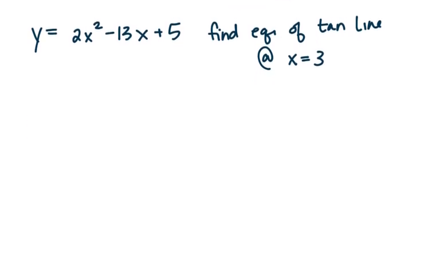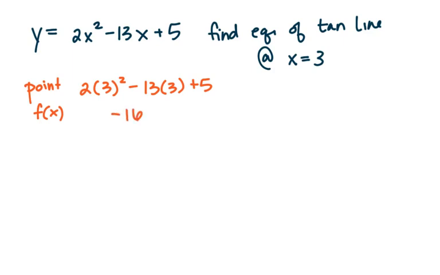In order to write the equation of a line, we need a point and a slope. The point is easy enough for us to find. The point comes from the function, from f of x. So my point: 2 times 3 squared minus 13 times 3 plus 5, the output we get there is -16. So my point is at (3, -16).